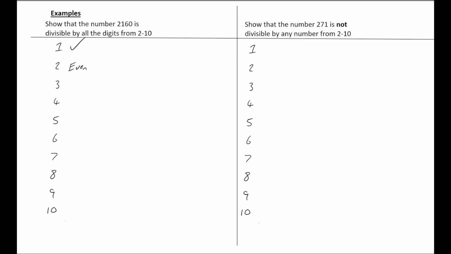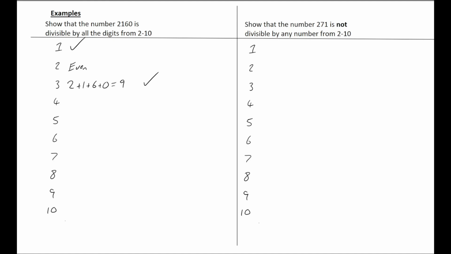All right. If we're looking at the number 3, this is where we do something funky. We're going to take the digits in the number. We're going to do 2 plus 1 plus 6 plus 0. So again, in the number 2160, we are adding the digits together. We get the number 9. Now that can be divided by 3, which means it is divisible by 3.